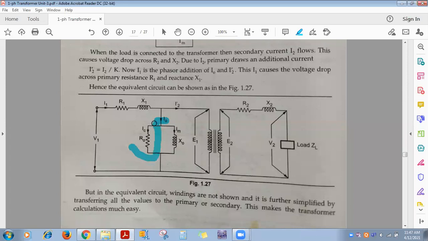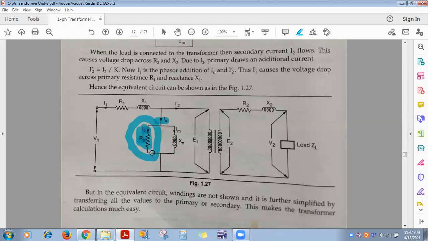So this R0 is the component related to the primary winding copper loss, which is very, very less. R0 and the current flowing through it is IC. C stands for copper loss and R0 stands for the resistance of the primary winding at no load. So this is the component related only to the copper loss which takes place at no load, which is very, very less.